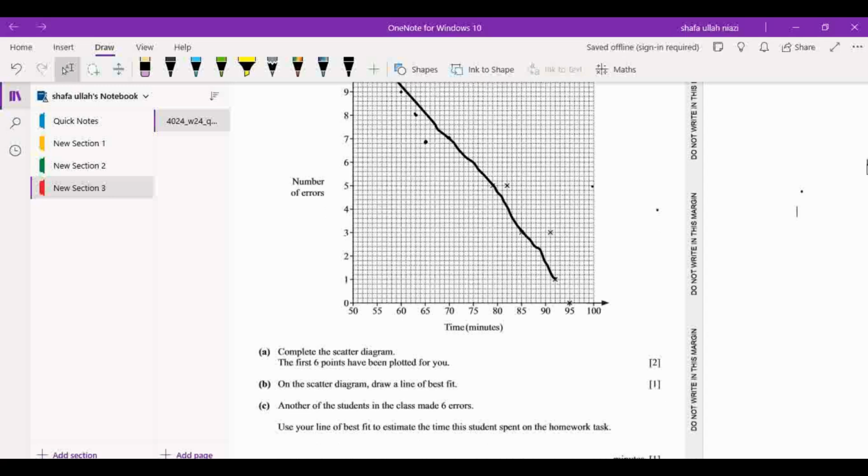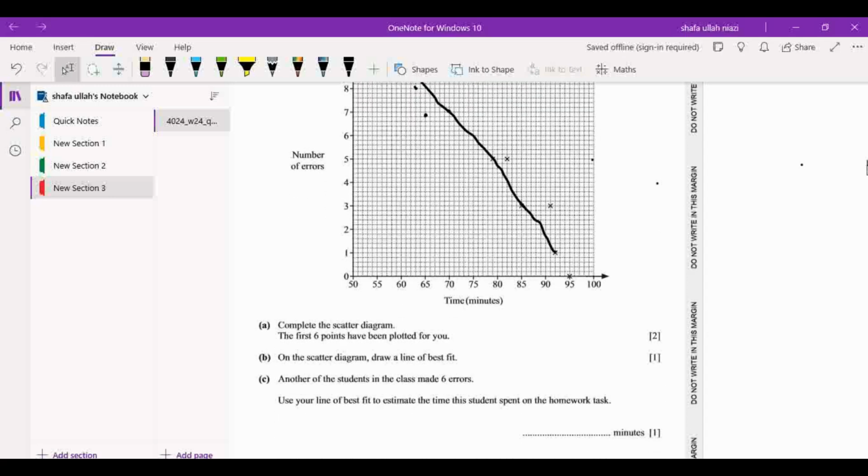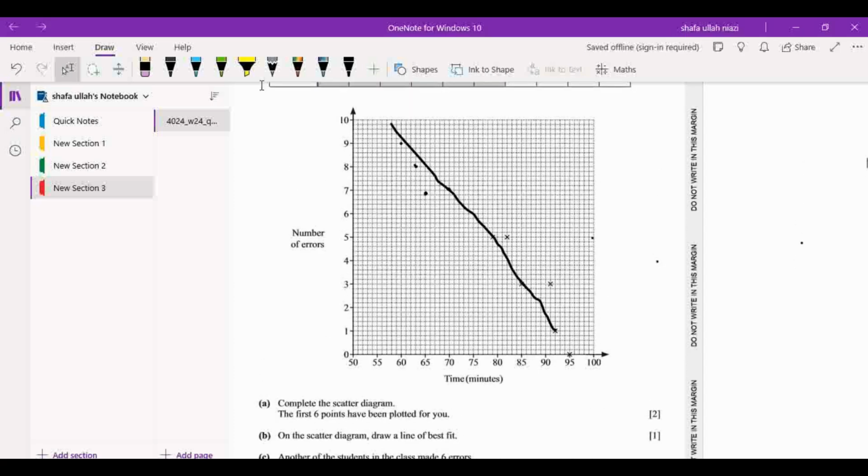Use your line of best fit to estimate the time spent by the student. 6, where is 6? 6 is here. And according to the line discussed here, it can be roughly 76. So the answer is 76. This point is for 6, and so this is 76. So the answer is 76.